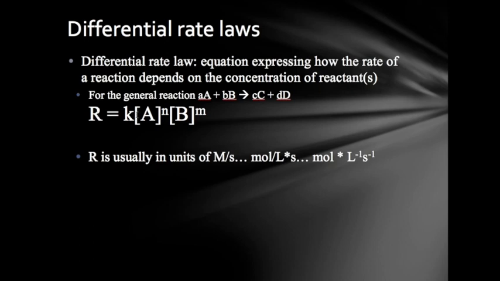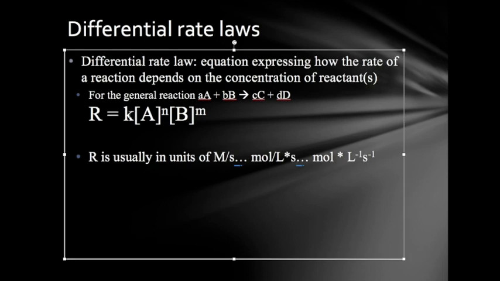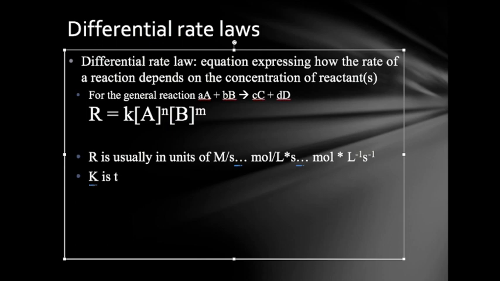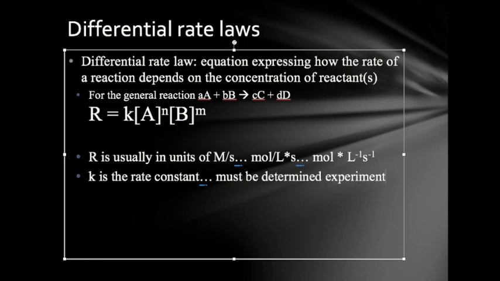Let me talk to you about all the other letters in this equation. K is something known as the rate constant. It's going to be a number, it's going to be a value, and it typically must be determined experimentally. That means that you have to do an experiment.